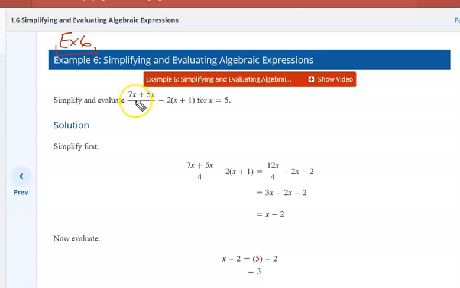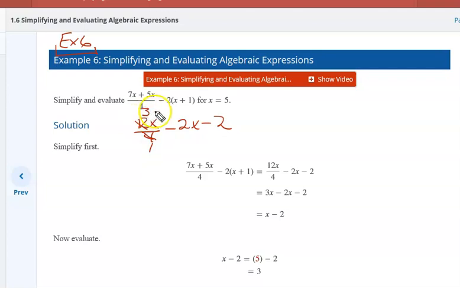And again, they want you to simplify. So 12x plus 5x, or I should say 7 plus 12, thinking ahead, 12x over 4, minus, distribute that, 2x minus 2. So here 4 will go into there once, 4 goes into there 3 times.